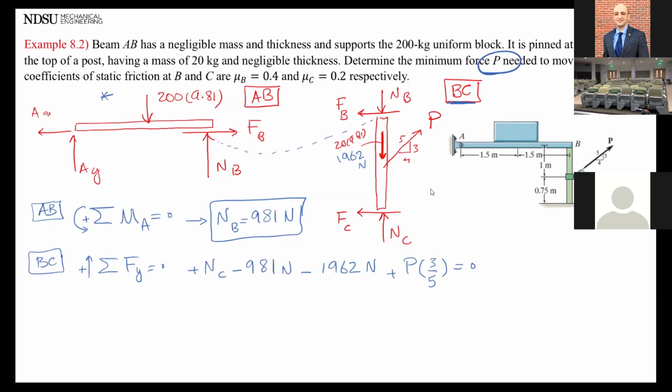How about we write a moment about point C. Anything that goes this way is going to be positive. I have FB multiplied by 1.75 meters.